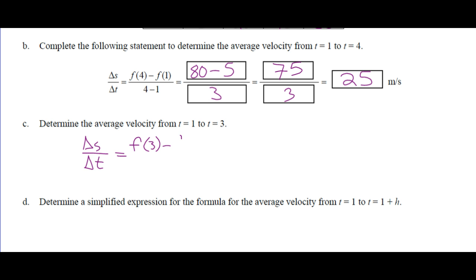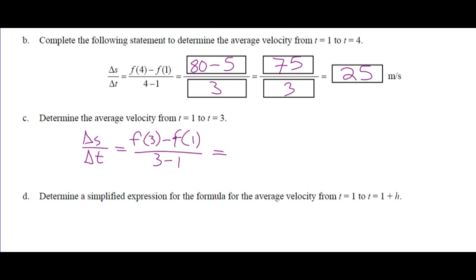The change in displacement will be f of 3 minus f of 1, over 3 minus 1. f of 3 is 45, so 45 minus 5 over 2, 40 over 2, or 20 meters per second. So we have an average velocity of 20 meters per second.